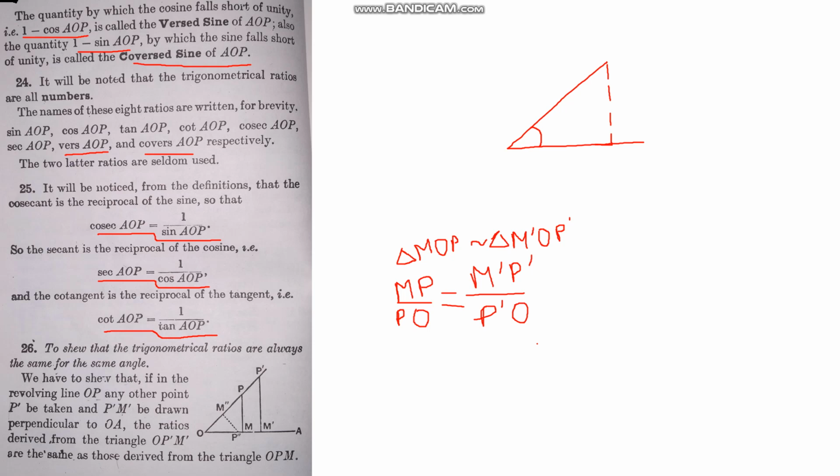This is the sine of this angle for PMO, MOP. This is for this sine, and sine theta, if that is called theta here, and this is again sine of theta of that. So these are equal. So the trigonometrical ratios are same for same angle.